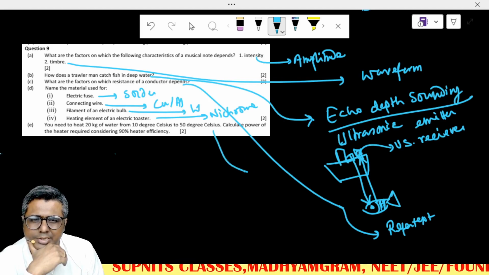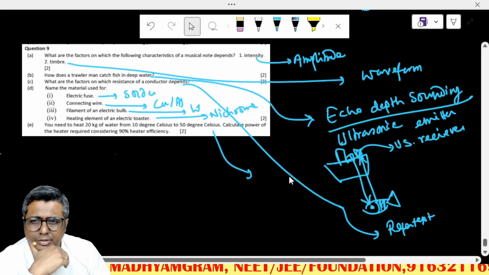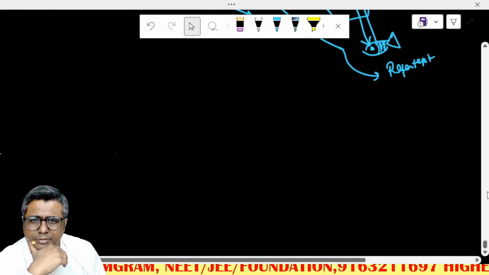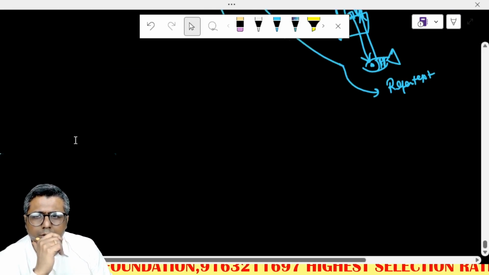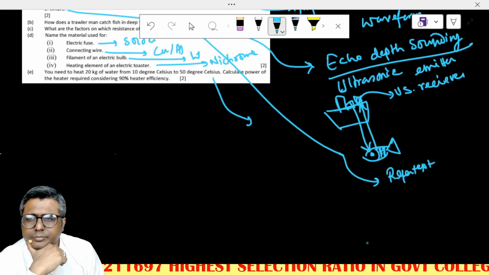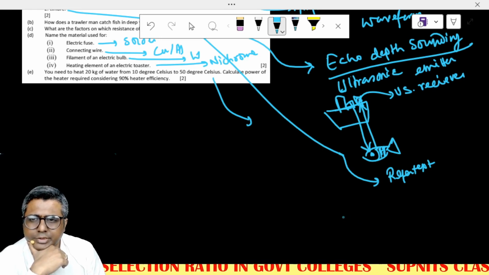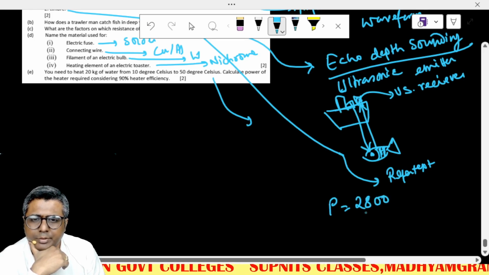20 kg of water, 15 degree to 50 degree, you have to use 4.2. So this is again an easy problem. What is efficiency? First of all, you will get it when you calculate the power. Calculate the power. So here if you see there is no time given, so you will consider 1 second. So power will come 2800, the final power.